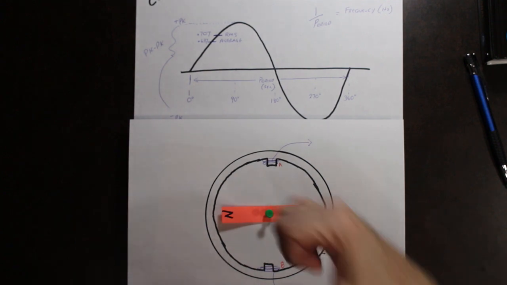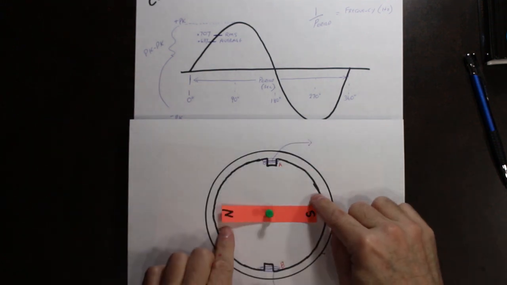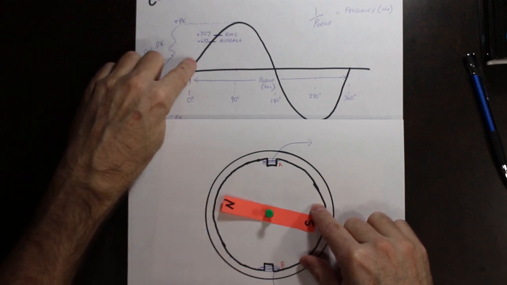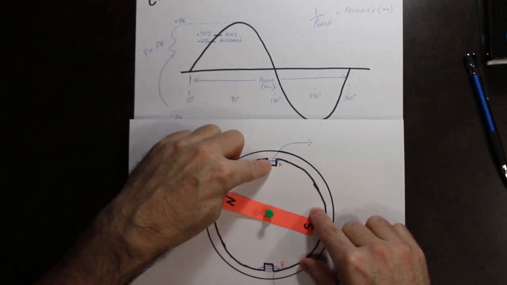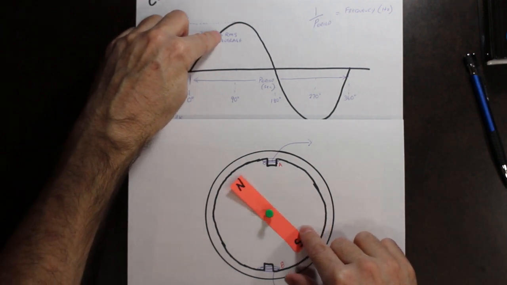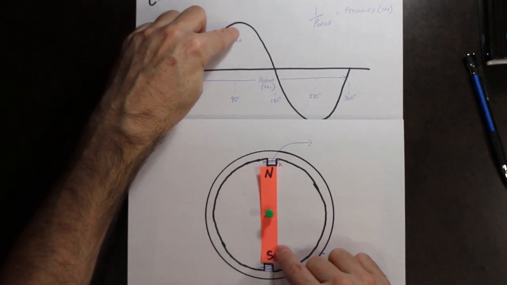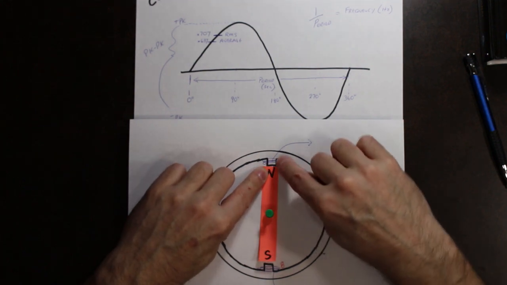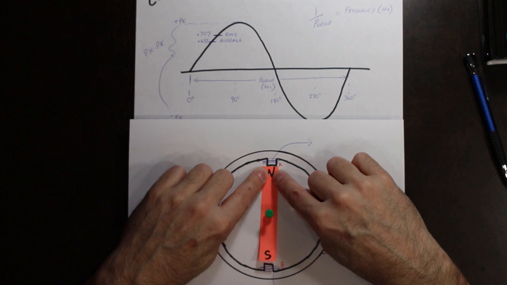So what happens is, as Superman starts to spin this, as this magnetic field comes up, electrons are starting to build in that particular winding. So basically coming up, up, up, up, until we get to the closest point from where this magnet is closest to that set of windings.